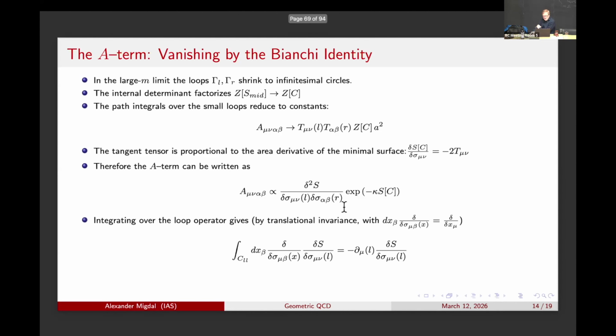And when we do that, we also have an integral over the second point. You have an integral over x, where x is the position of this second point. When you integrate that, you will get exactly the same thing we get in the loop equation, because this integral of the area derivative is the same as translation invariance.